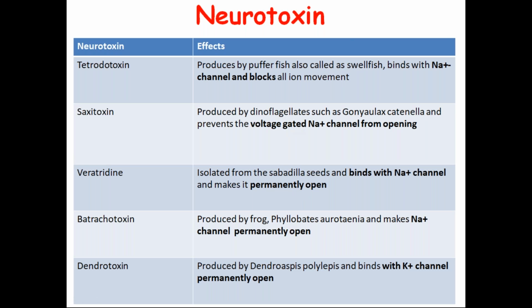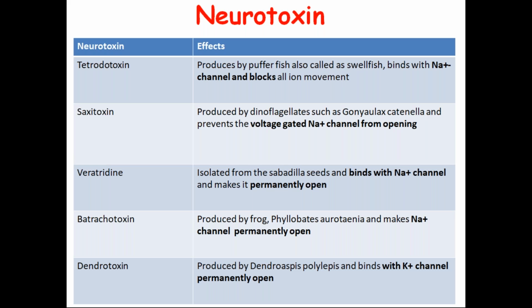There are only two, batrachotoxin and veratridine, which are opening the Na plus channel. So BV are opening the channel, and the rest two are blocking the channel. Very simple. I hope you have understood what I wanted to give you here.